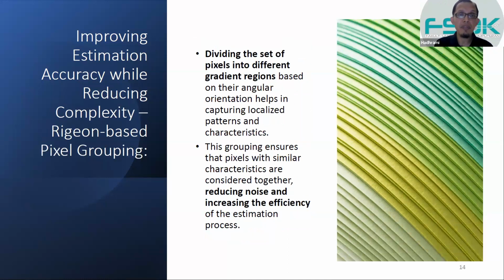Okay, another method that we can use to improve the estimation accuracy while reducing the complexity is region-based pixel grouping. This method divides the set of pixels into different gradient regions based on their angular orientation. By implementing this division, we can reduce the noise and at the same time increase the efficiency of the estimation process.